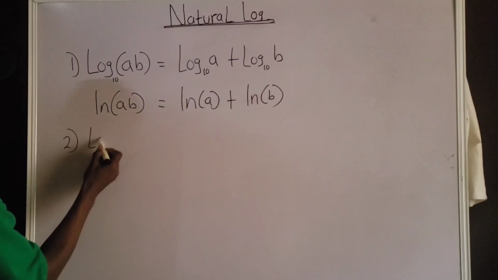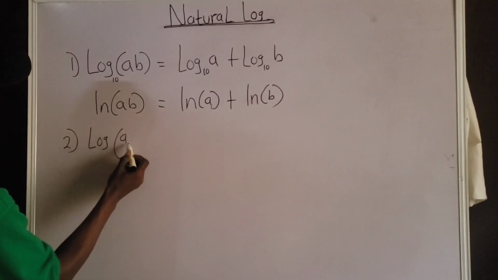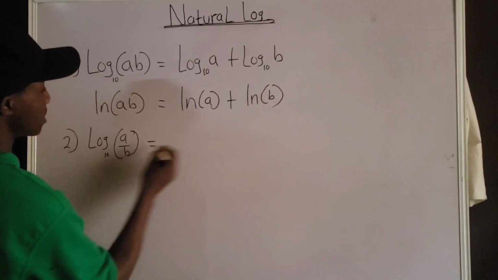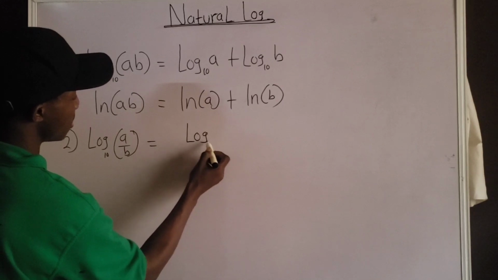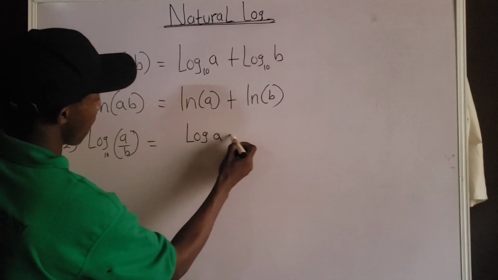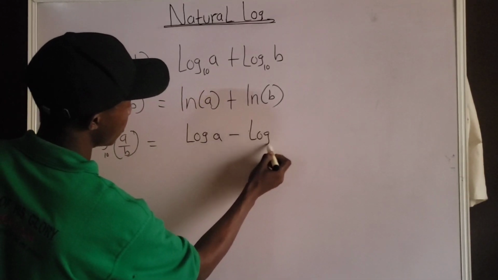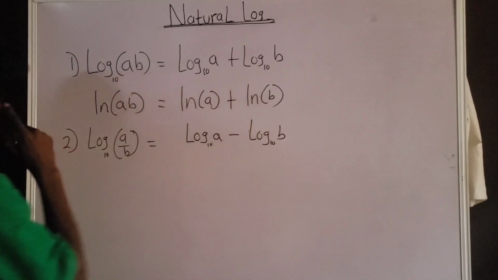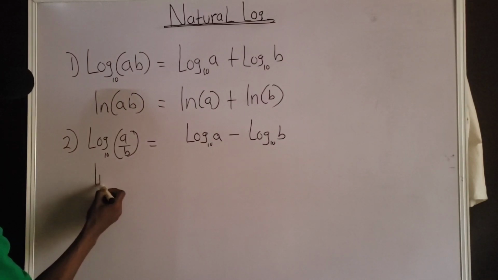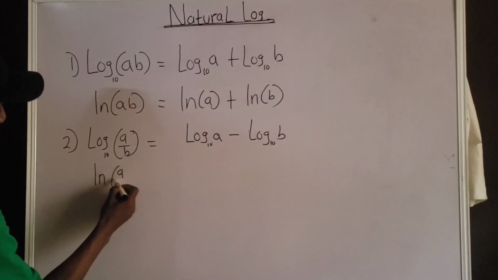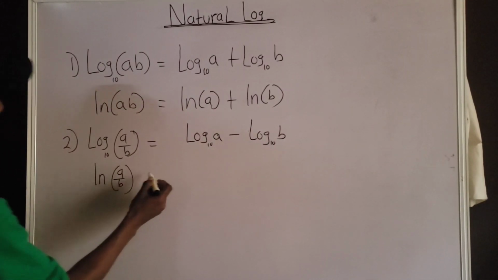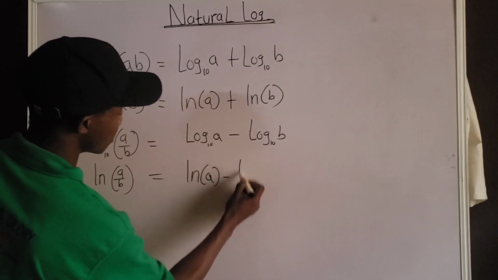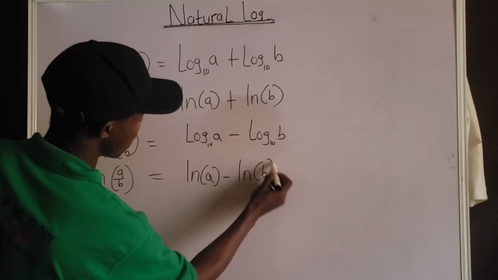When we have log A all over B base 10, this can be written as log A minus log B, also in base 10. So if I have natural log A divided by B, this can also be written as natural log A minus natural log B. You understand?